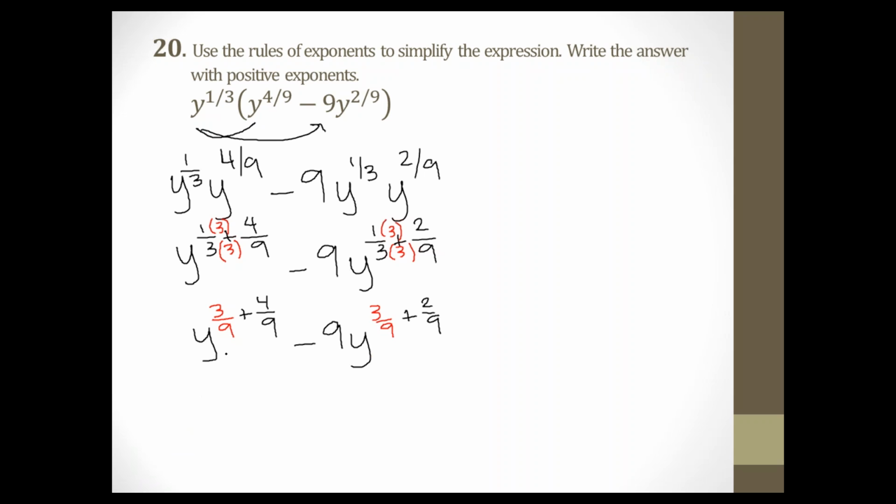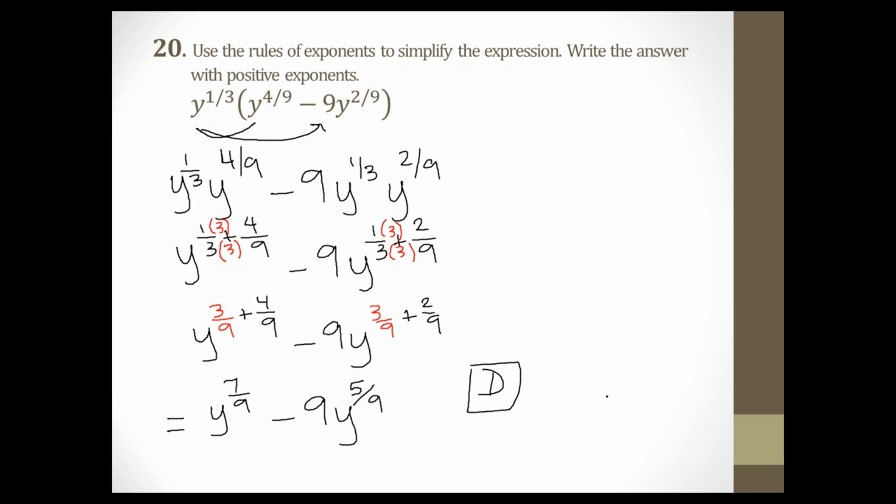Okay, so you have those common denominators, you just add the numerators. So that's y to the 3 plus 4 over 9, which is 7 over 9, minus 9 times y to the 3 plus 2 is 5 over 9. And so that's going to be our final answer here when we use the rules of exponents. And that is answer choice D. Answer choice D.